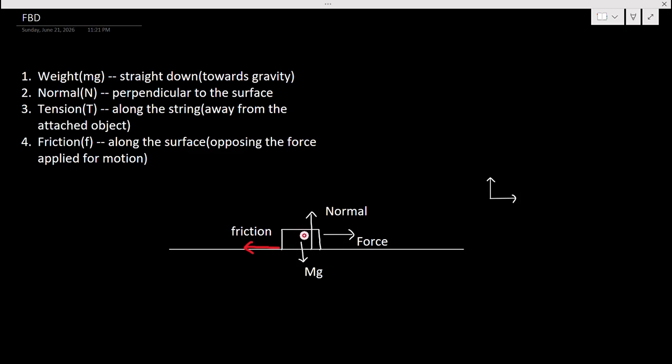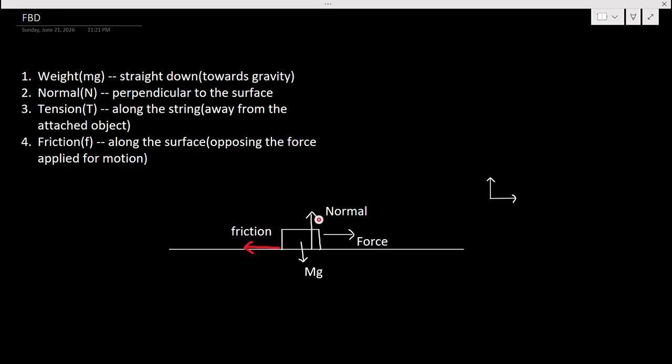The block was exerting a force on the string, of its weight, and the string will have a force of mg. That's the tension on the string, and the tension will be in this direction, away from the object.